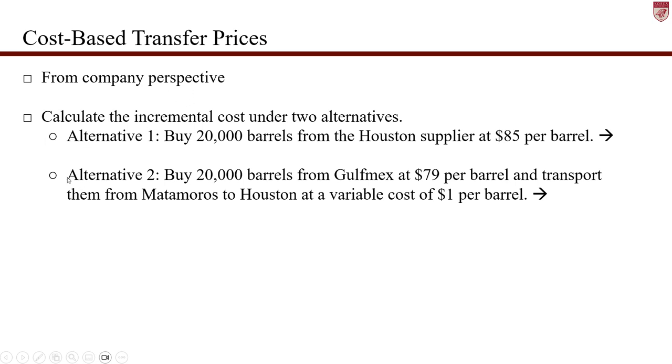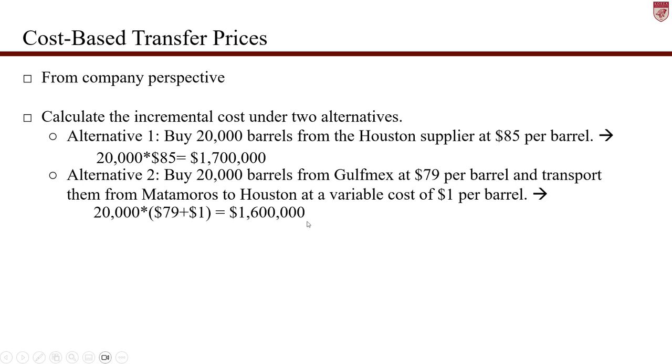So there are two alternatives that I have introduced. Alternative one was the original way, where they buy the barrels from the Houston supplier at $85 per barrel. So that would leave us with 20,000 barrels times 85, $1.7 million, right? But if we take alternative two, then they're going to buy the 20,000 barrels from Gulfmex at $79 per barrel and then incur the additional variable cost from the transportation division at $1 per barrel.